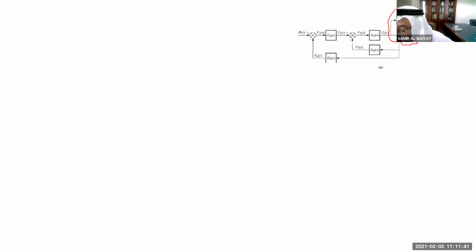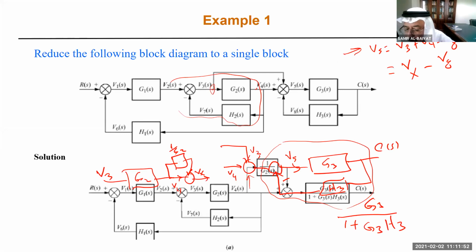Look, we should distinguish between feed forward and feedback. The block diagram has arrows. The signal is coming from here, going this way to the output. This is the direction of the arrow, and this is the direction of the arrow.